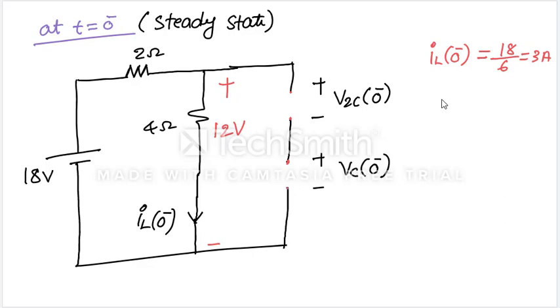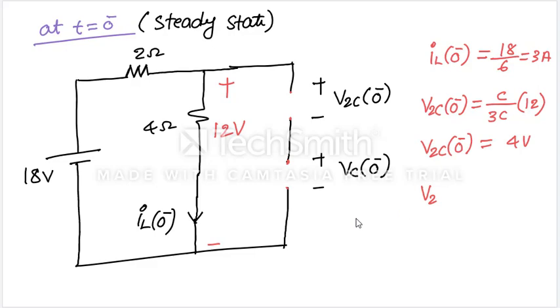So we can apply the voltage division. V2C of 0 minus is equal to what now? C by 3C into 12. So that is V2C of 0 minus, which we get as 4 volts.